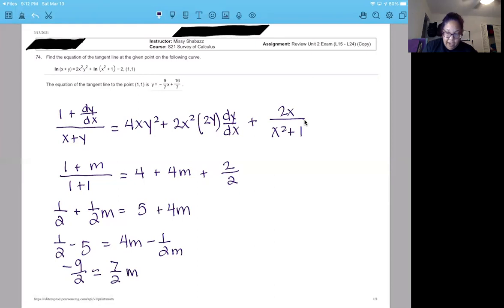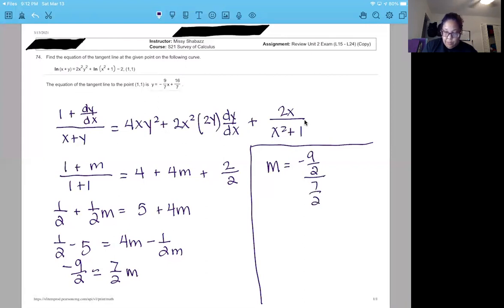And then if we divide, so I have m equals -9/2 divided by 7/2. Fraction within a fraction, we can't keep that, so we multiply by the reciprocal, and I get a -9/7.